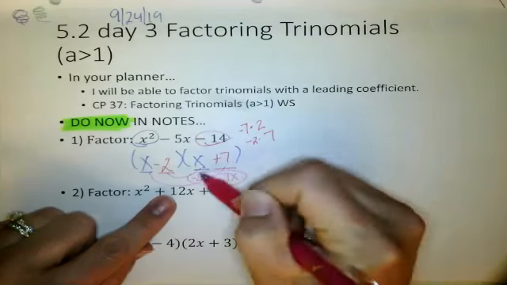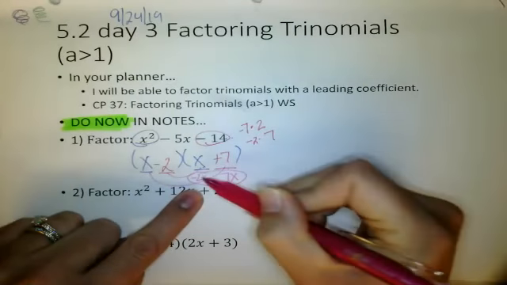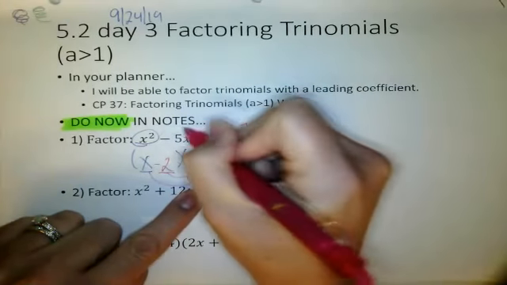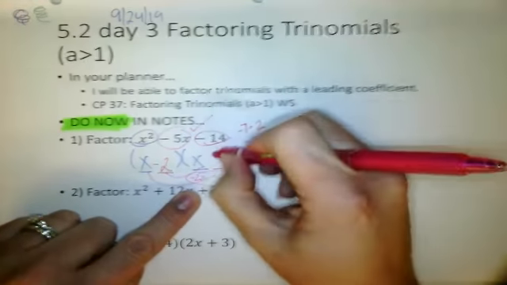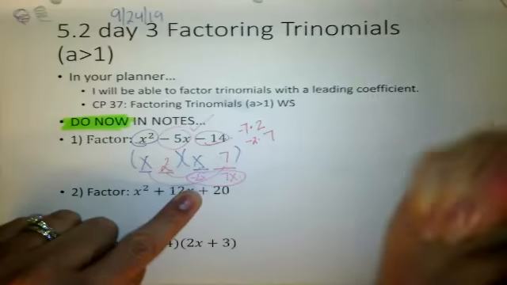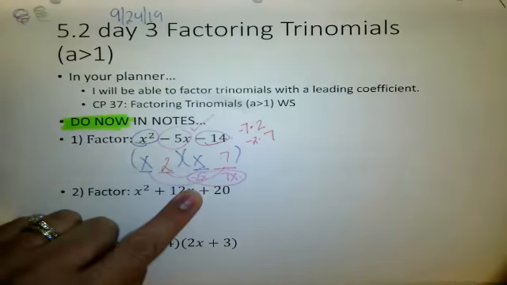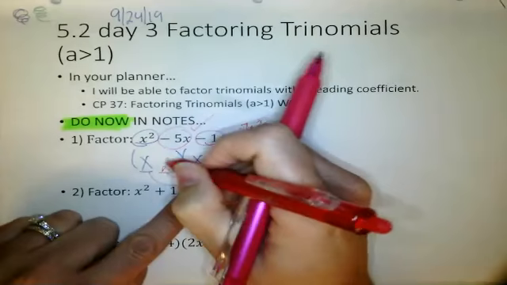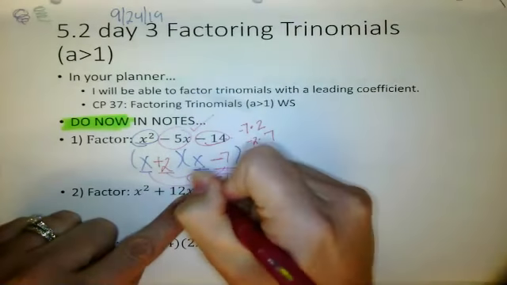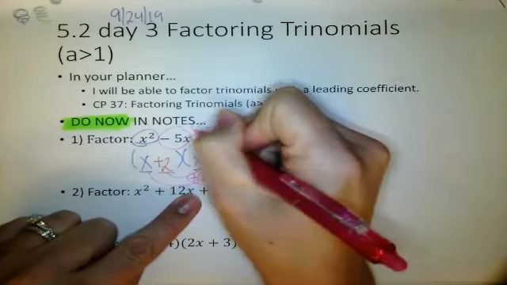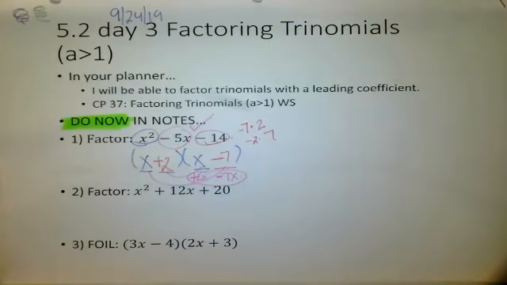And when you combine those together... Oh, did I do it backwards? Oh, see, it didn't work that time because we got to change the sign. So we should have used negative 7 and positive 2. Now it goes to negative 7x and positive 2x, and that's where we get the middle term from, right?